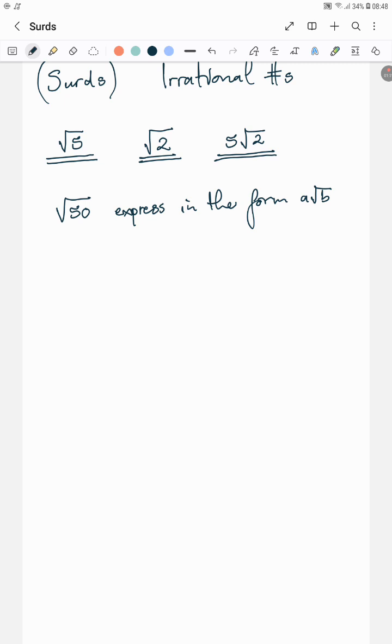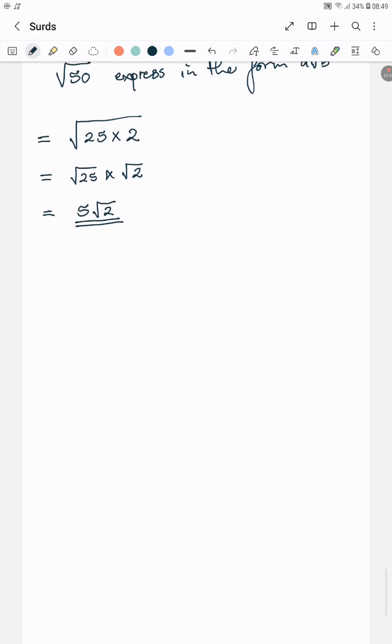Root 50 is equal to the square root of 25 times 2, and this is the same as writing root 25 times root 2, and the square root of 25 is 5, so you end up with 5 root 2.